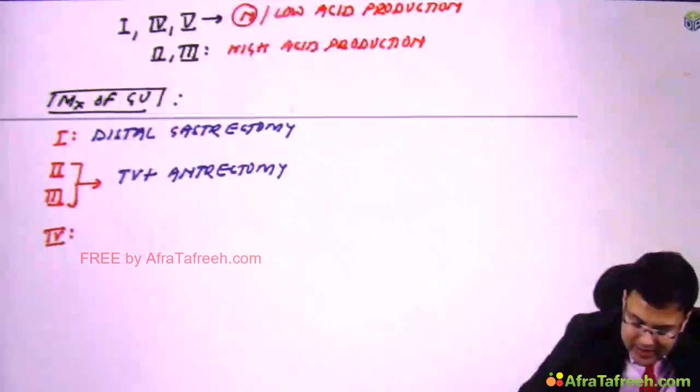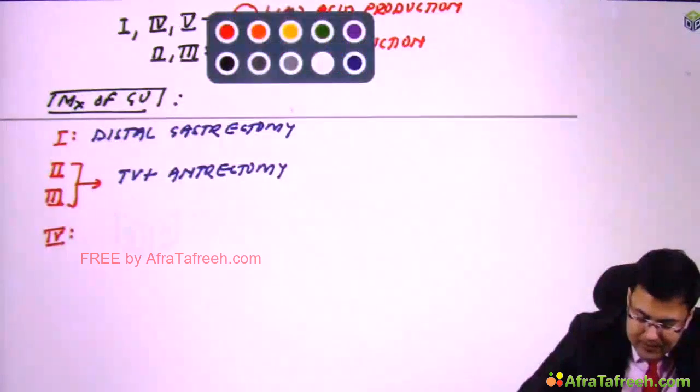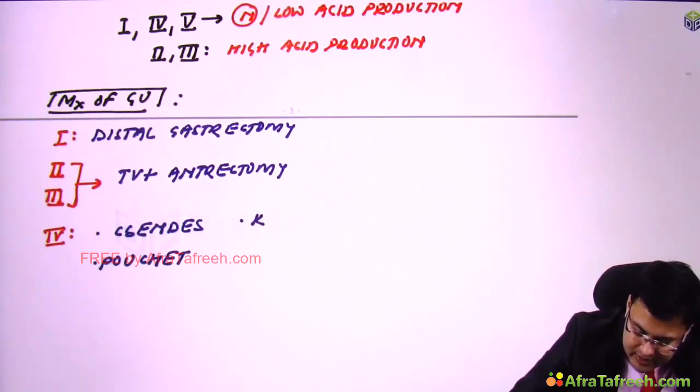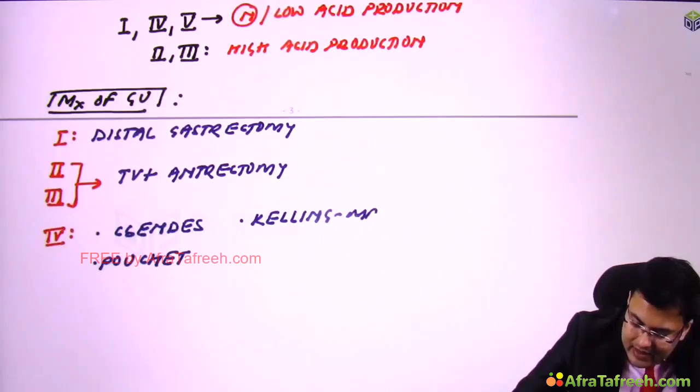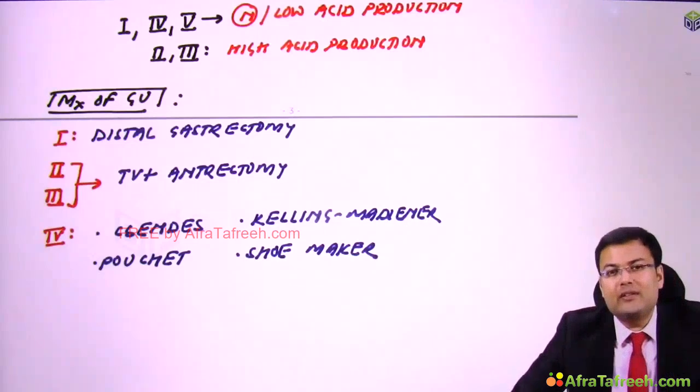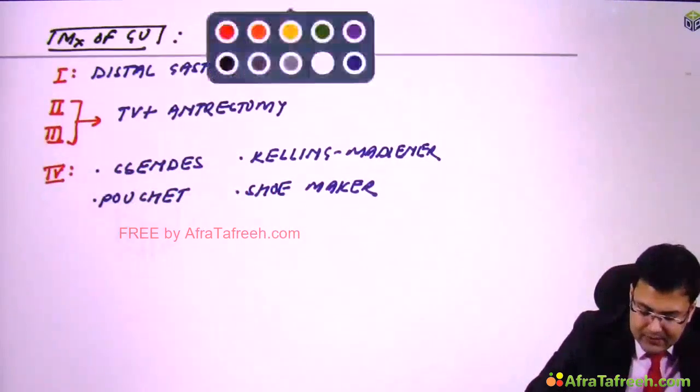So here, named surgeries are performed, and those are first, Sandis, second, Pouchet, third, Kelling-Madlener, and fourth, Shoemaker. So these are the named surgeries performed.